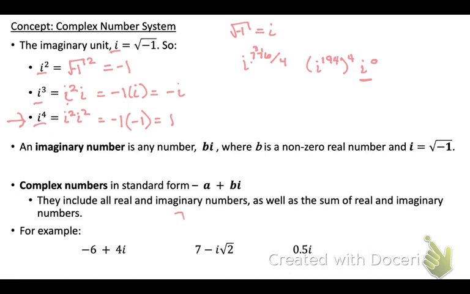That's fine, because anything to the 0 power is what? 1. I put these in the wrong spot, sorry. I to the 4th, to the 194th. Because I to the 4th is what? 1, and 1 to any power is still what? 1. So the answer to this is just 1 times 1, which is 1.